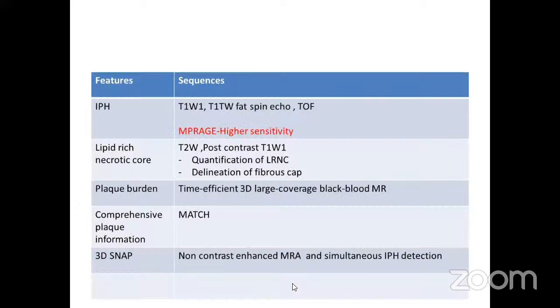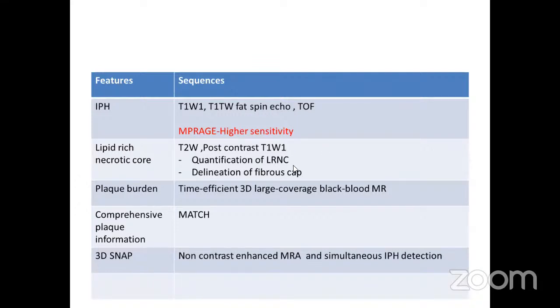So these are the features: intraplaque hemorrhage, lipid-rich necrotic core, plaque burden, and comprehensive plaque information. Intraplaque hemorrhage can be detected by T1 weighted fat suppressed spin echo and time of flight images, and MPRAGE images have higher sensitivity for detecting intraplaque hemorrhage. The lipid-rich necrotic core can be seen on T2 weighted images and post-contrast T1 weighted images.